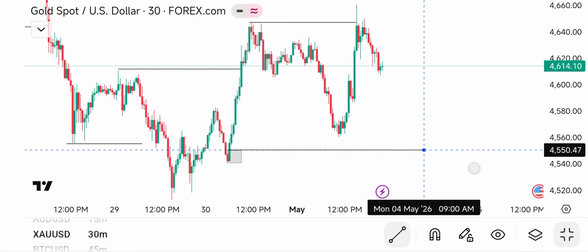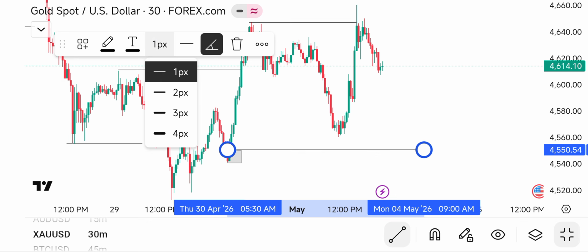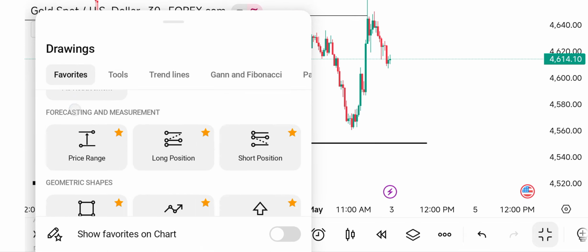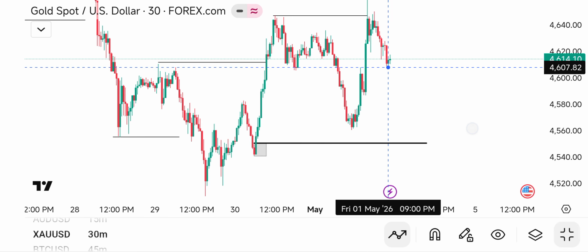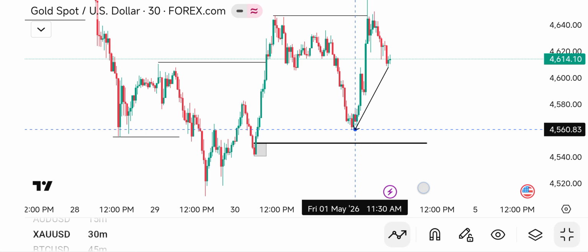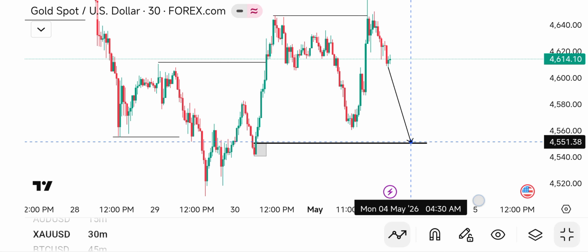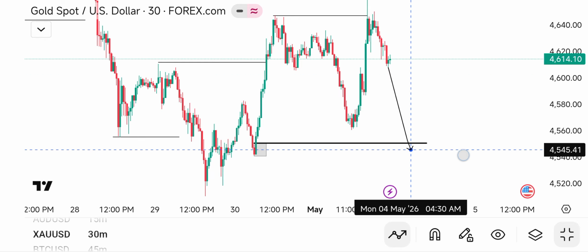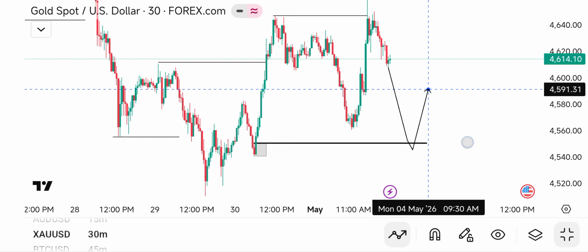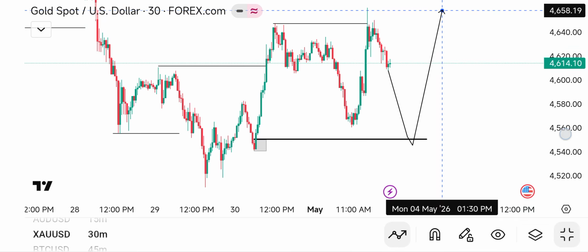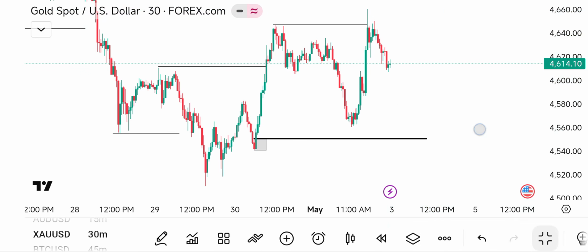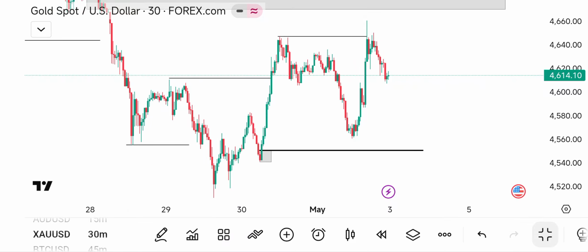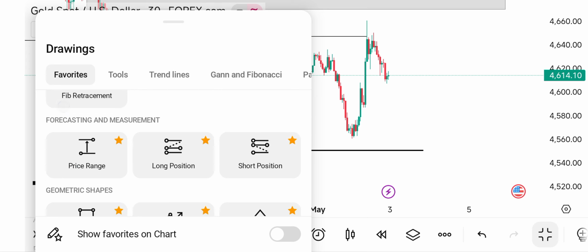So we are now expecting price to come down, take out this low as liquidity, tap into this other block, filling the imbalance, then bounce. You understand? So that's what I'm anticipating. From this place now, we place our order.